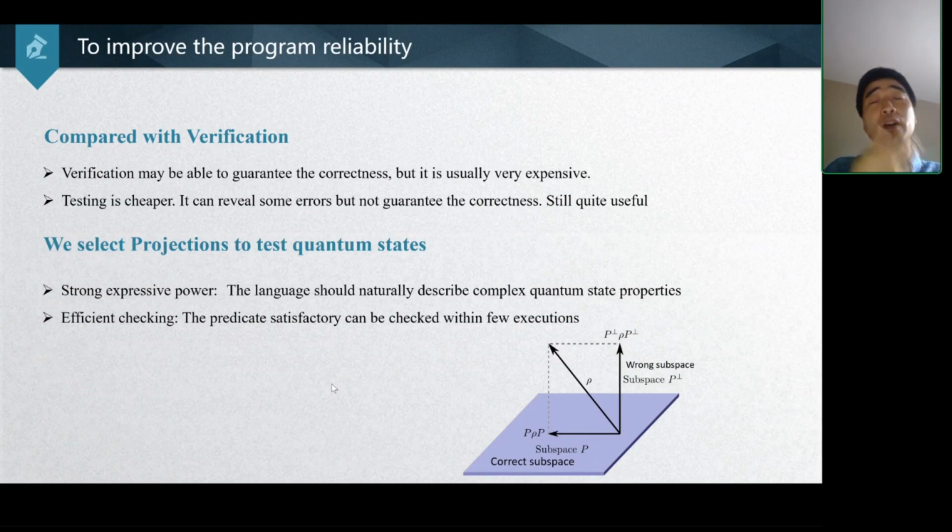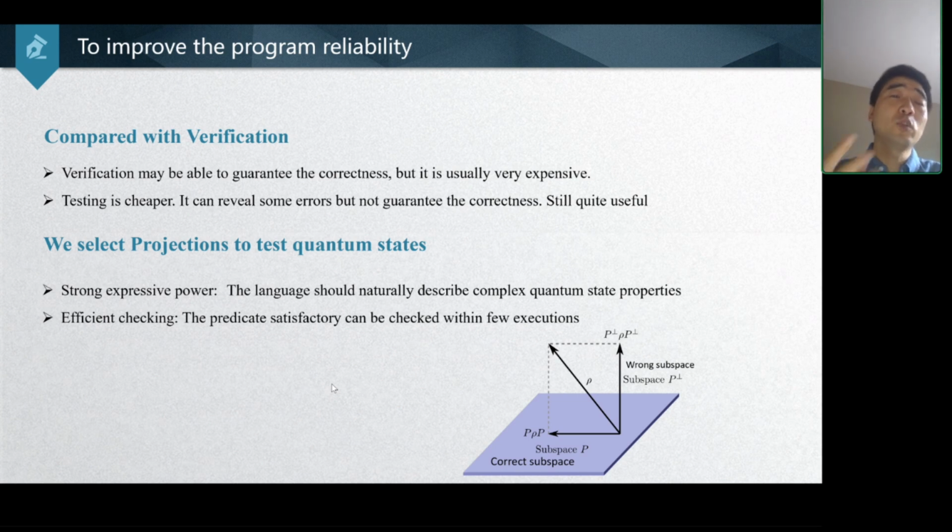So we talked about verification. Verification was for understanding that the program is correct without executing it on a real quantum computer, because the quantum computer is very noisy. But usually verification provides a trade-off.